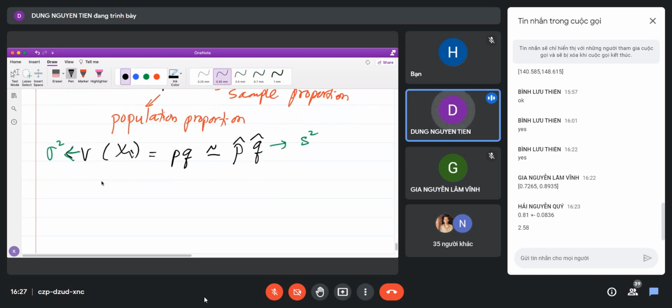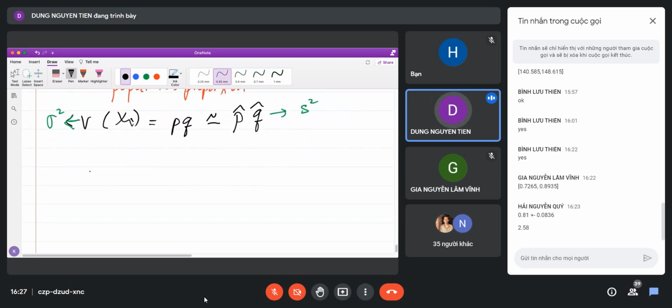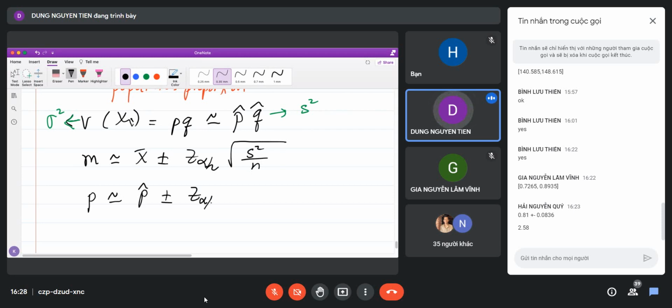So now go back to the confidence interval. You get m equals x bar plus or minus z alpha over 2 times the square root of s squared over n. Here x bar becomes p hat, you still get z alpha over 2, and s squared becomes p hat q hat, all over n.